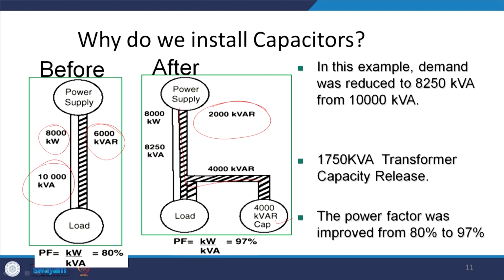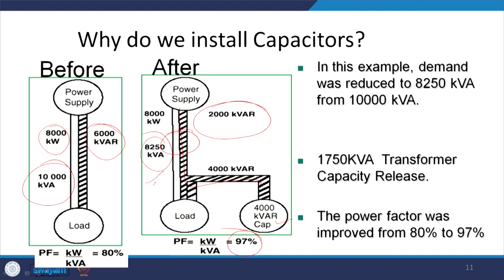So, overall if you square it up, that kVA rating will be 8250 and you get a 97% power factor. Thus, the power handling capability of this line has been comprehensively increased.